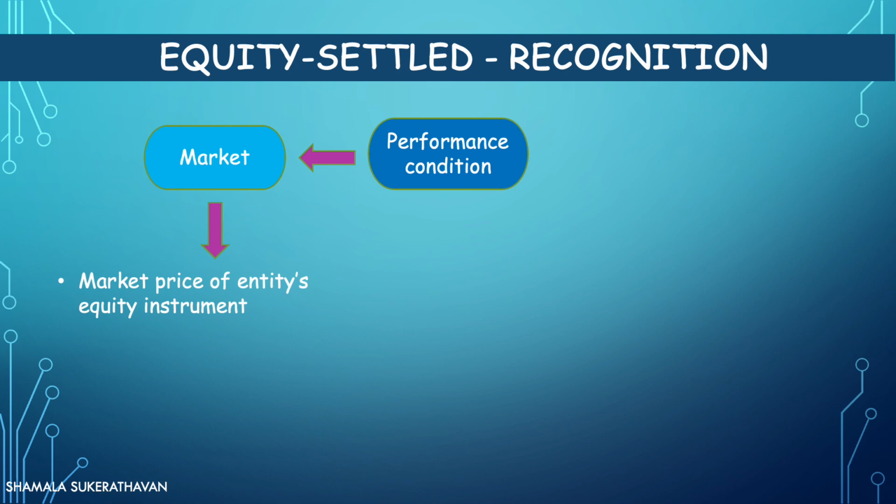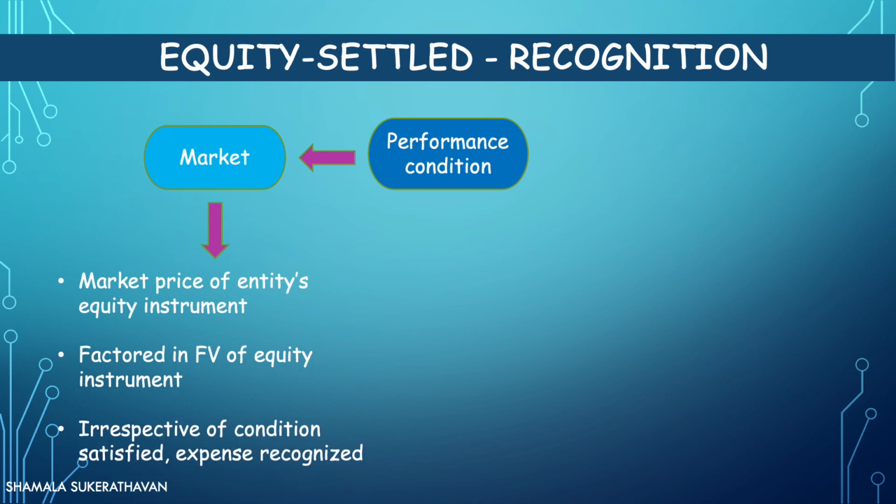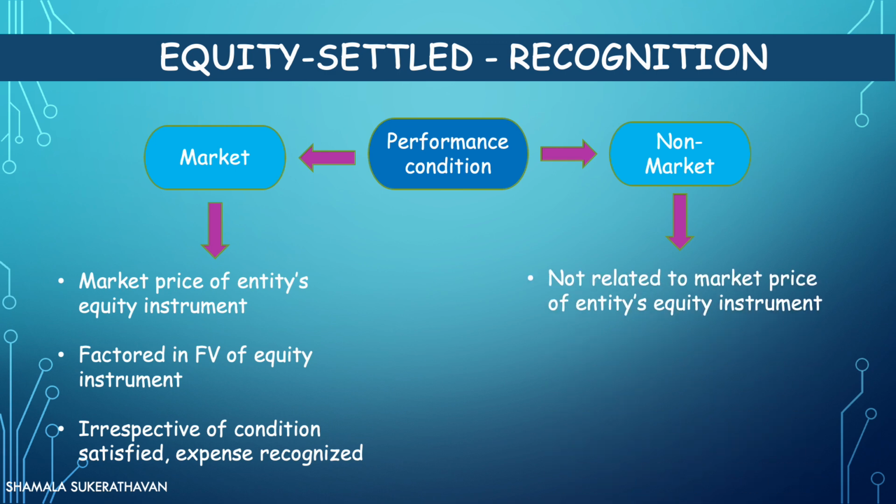As market conditions have been factored in determining the fair value of the equity instrument, an expense should be recognized irrespective of whether the conditions are satisfied. Non-market conditions are conditions not related to the market price of an entity's equity instrument, such as profit targets, and should be accounted in determining whether an expense should be recognized in a reporting period.